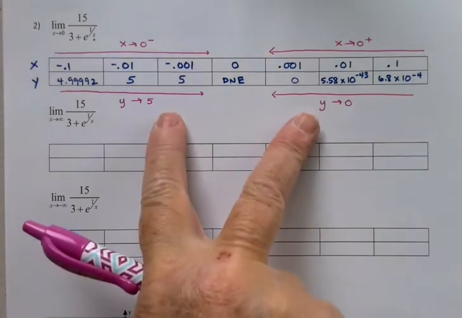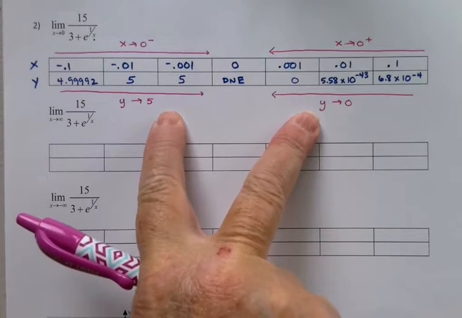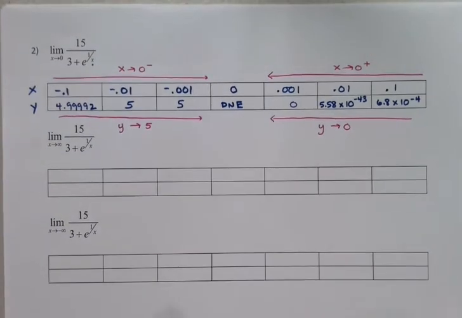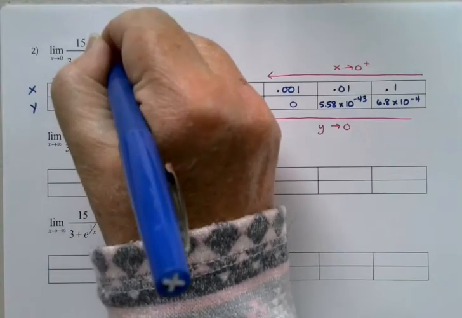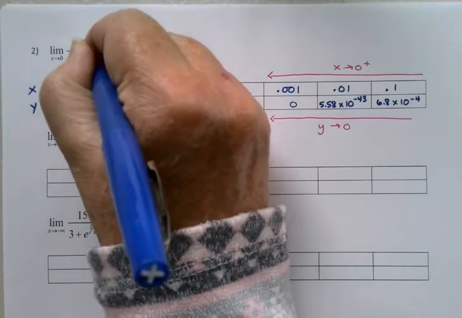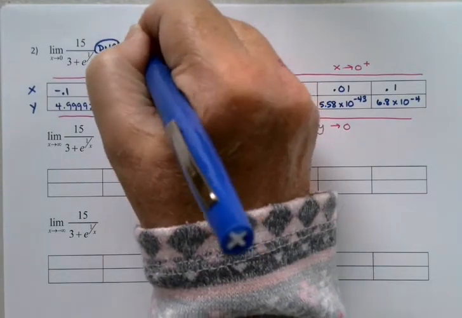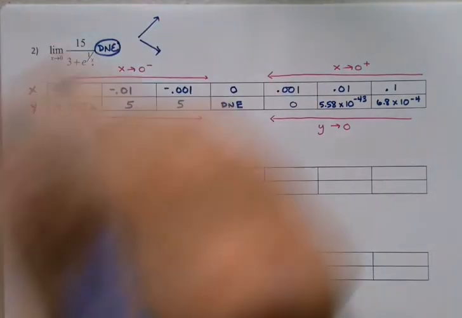All right, so in this case, I don't get agreement from the left and the right. And so I'm going to have to say that this limit itself does not exist. But what I can say is something about the one-sided limits.